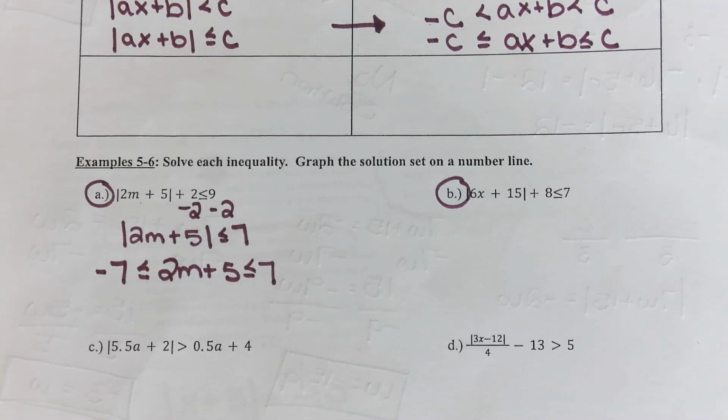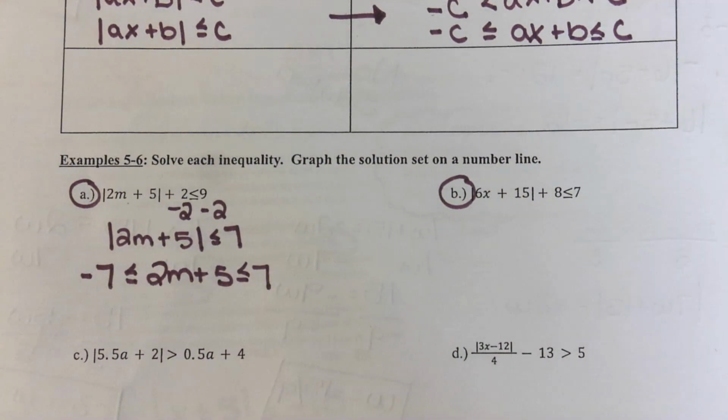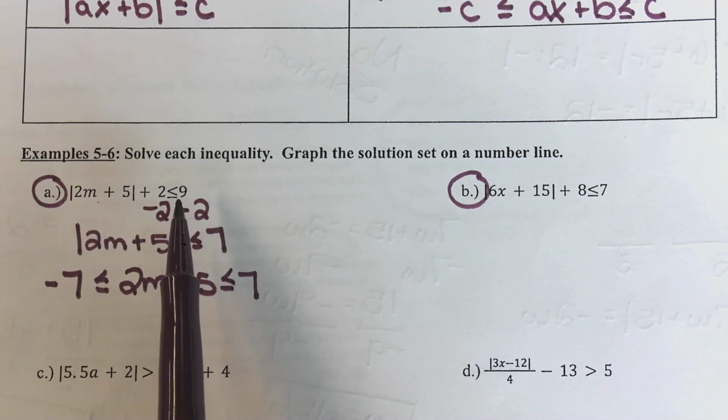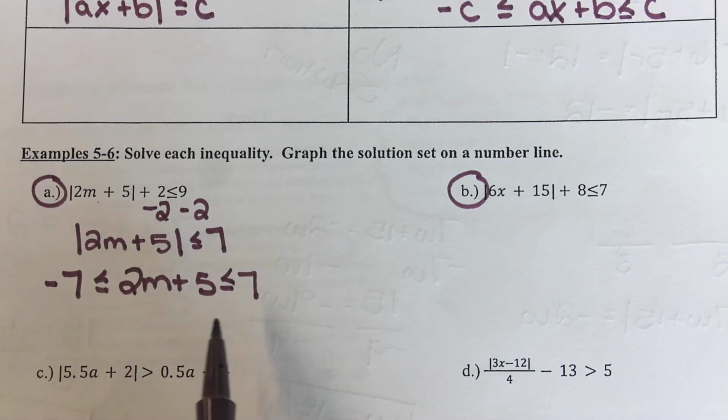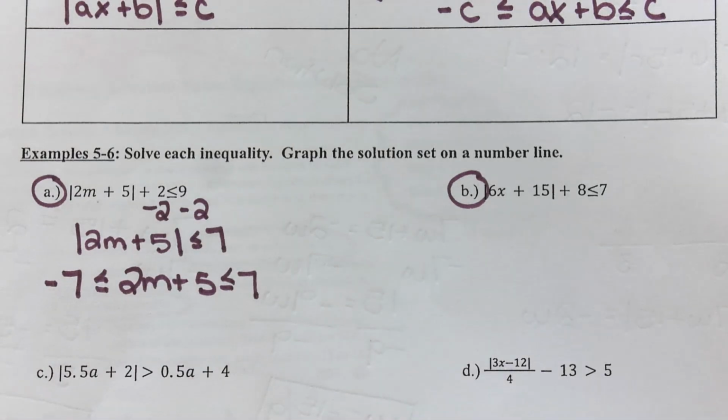So this is a formula, kind of like we have the quadratic formula, we have other formulas to help us find solutions. This is our formula to help us find solutions here. So if you have a less than or a less than or equal to situation, this is how you will always deal with this. Now, we're going to solve it like we would an equation, but almost like there are 3 parts.